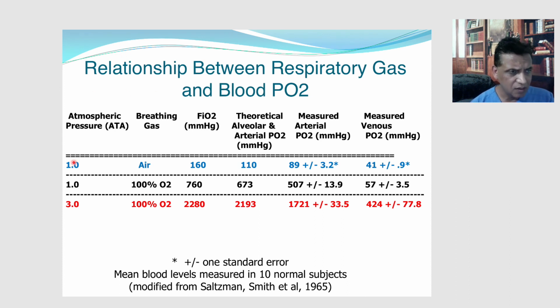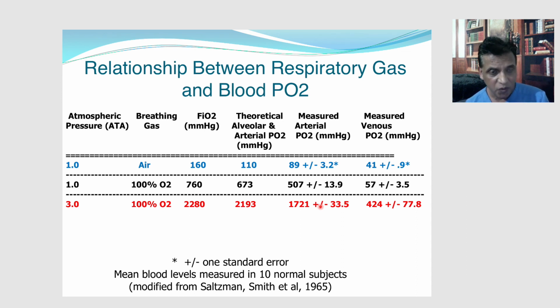Here is an animal breathing air at 1 atmosphere, which is normal pressure. The arterial oxygen tension is about 89, 90. When breathing pure oxygen at the same pressure, it increases to about 500, a rise by a factor of over 5. When breathing pure oxygen at 3 atmospheres, it increases to over 1700, a rise by a factor of over 17.